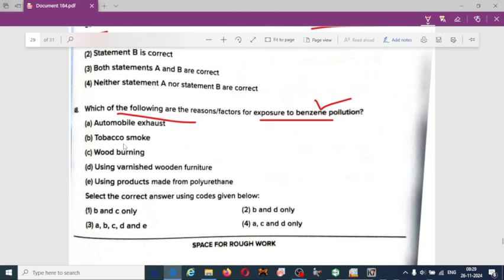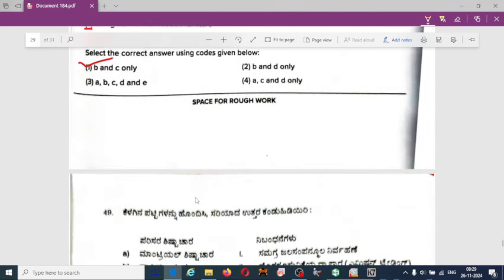So tobacco and wood burning may be the correct choices. Automobile exhaust may not be. A, D, E are not related to benzene pollution. So tobacco, wood burning. So option 1 may be the right option.